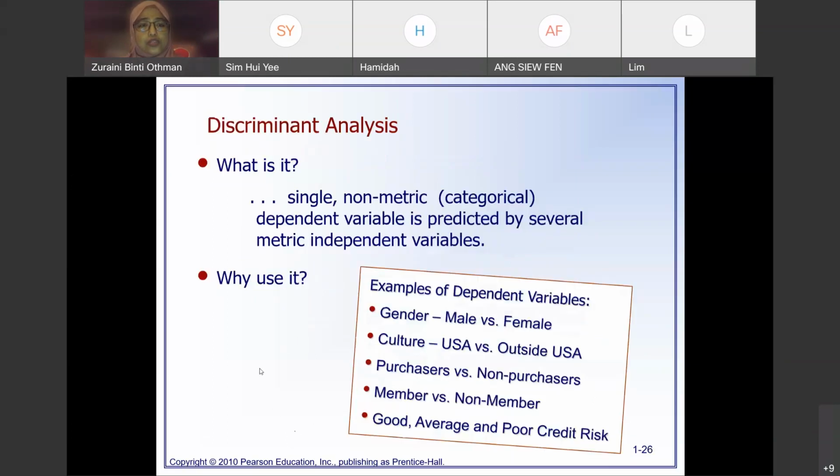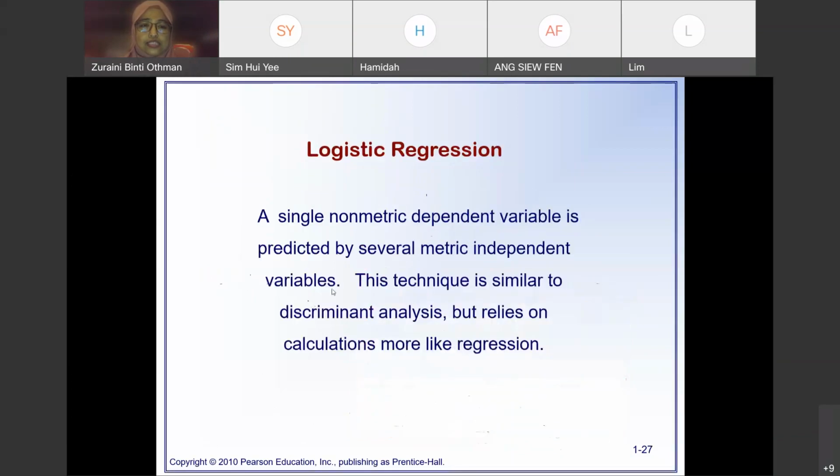Okay, now I will explain an overview of each technique under interdependence and dependence just now. This comes to logistic regression. This is a single non-metric dependent variable predicted by several metric independent variables. This technique is similar to discriminant analysis, but relies on calculation more like regression.